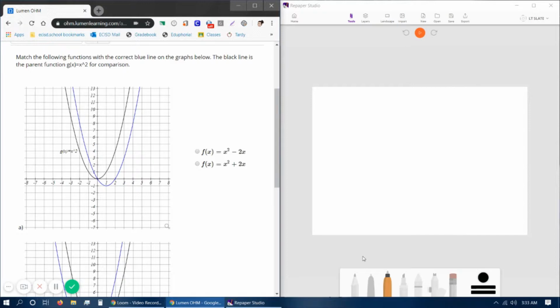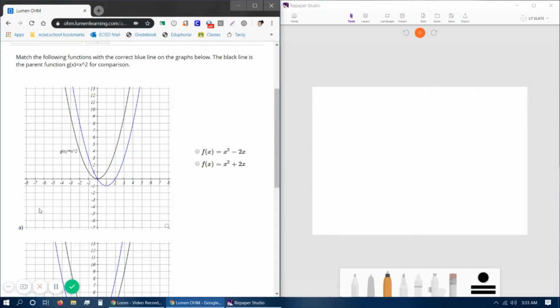Question 6 is similar to question 5. However, instead of having quadratic functions in the form of ax squared plus c, these are in the form of ax squared plus bx. This means that the easiest way to pick the correct graph is to find the vertex of each function.